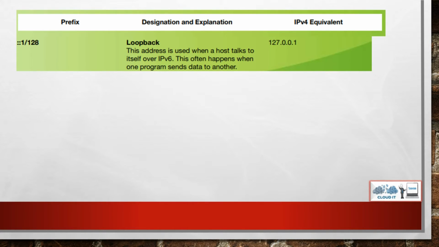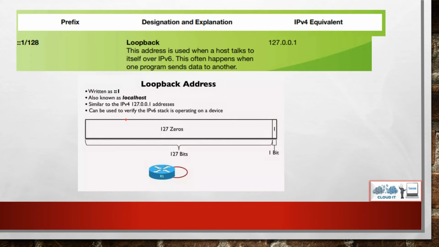Next one is loopback IP. It is represented by ::1/128 in IPv6 and its equivalent is 127.0.0.1 in IPv4. This address is used when the host talks to itself over IPv6. This often happens when one program sends data to another. It is also known as localhost.